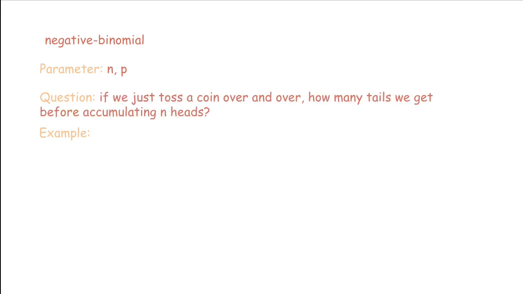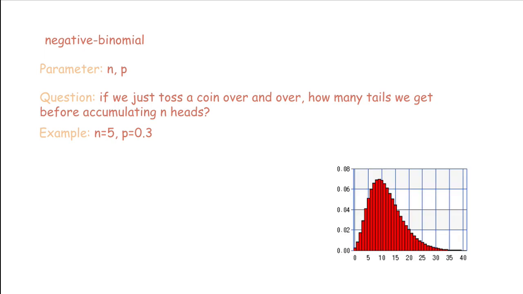It answers the question, if we just toss a coin over and over, how many tails do we get before accumulating n heads? For example, if we want to count to 5 heads and each single toss has probability of heads 0.3, the most likely number of tails is around 8 before getting 5 heads.